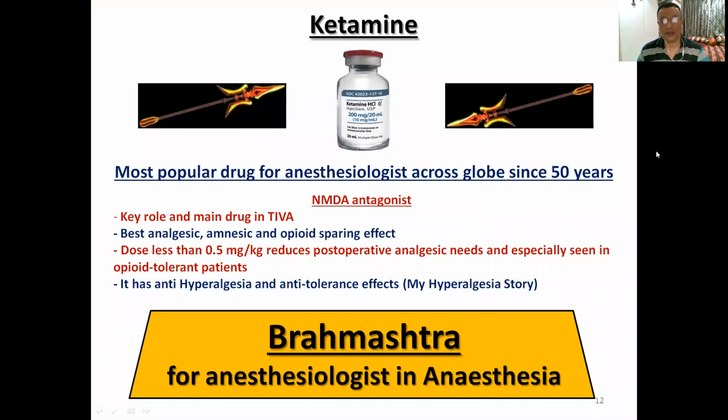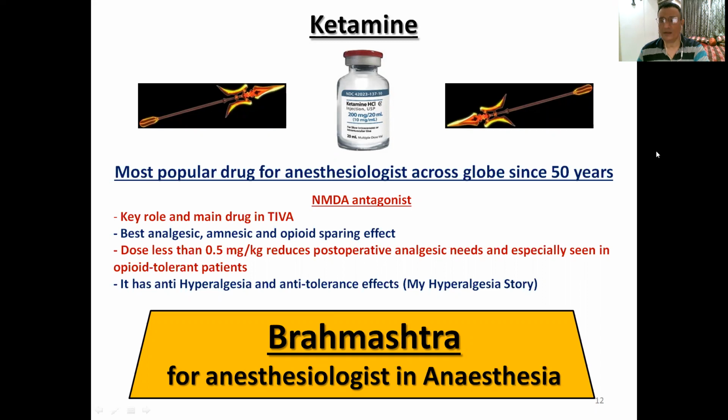Now, the second drug is ketamine. I will take all the drugs very shortly. Ketamine, I call it the brahmastra for the anesthesiologist. It's the most popular drug for anesthesiologists across the globe for the last 50 years. It is an NMDA antagonist, a key role and main drug in TIVA, with analgesic, amnesic, and opioid sparing effects.